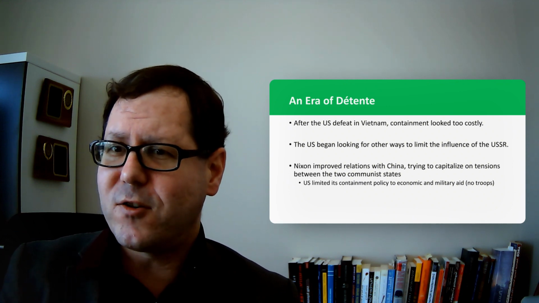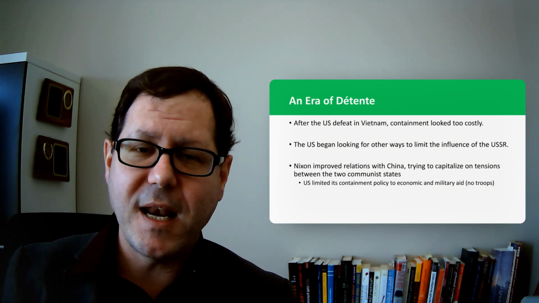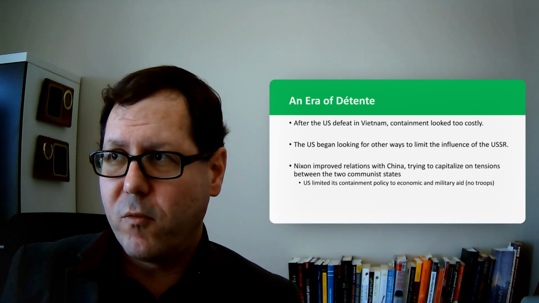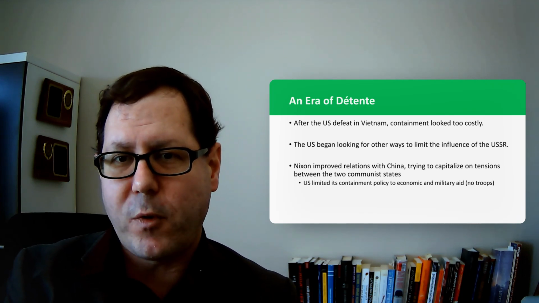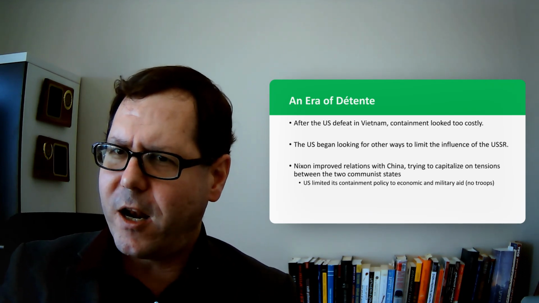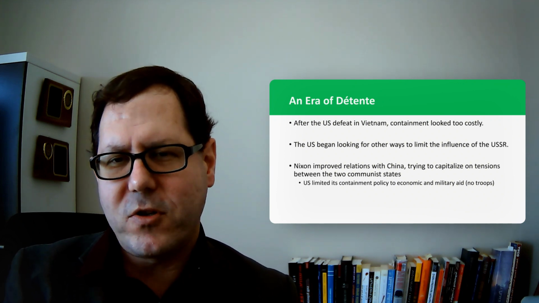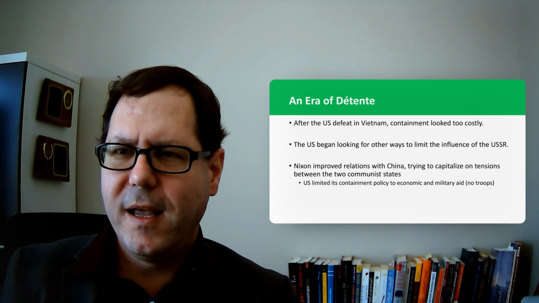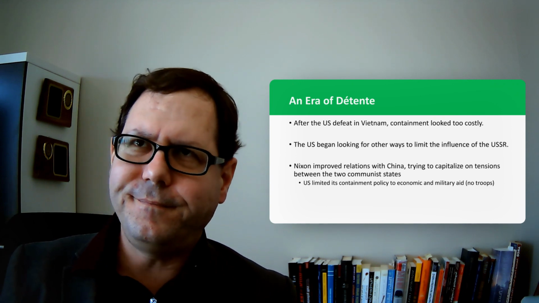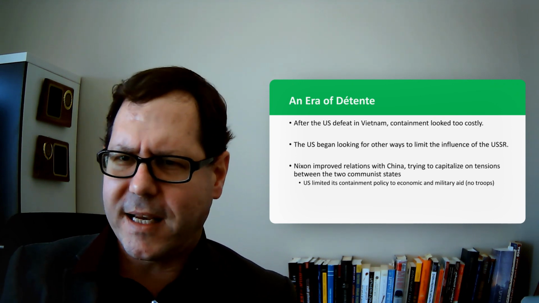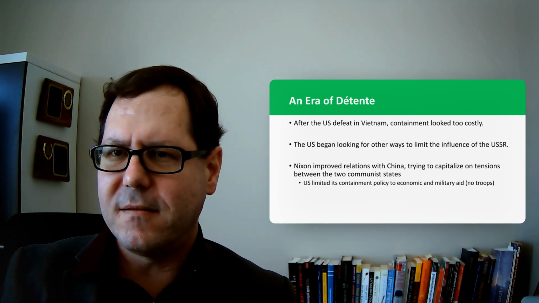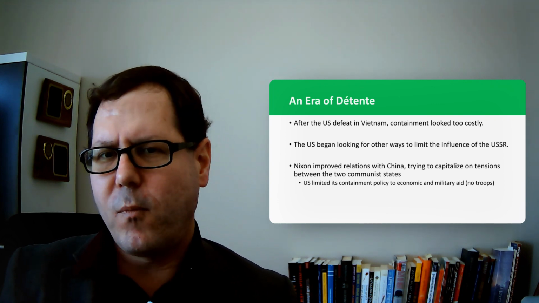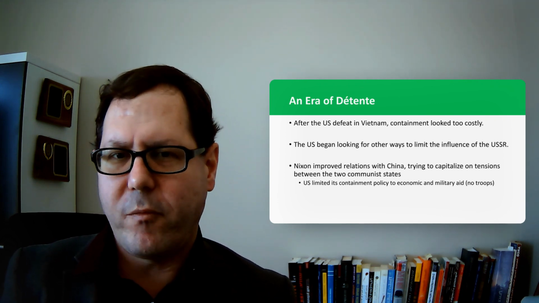And so China is looking to separate itself from the Soviet Union. And Nixon's able to reestablish a diplomatic relationship with China that pulls China away from the Soviet Union and closer to the United States, which helps the United States reassert a strategic security presence in Southeast Asia and East Asia that might have been weakened by the U.S. defeat in Vietnam.